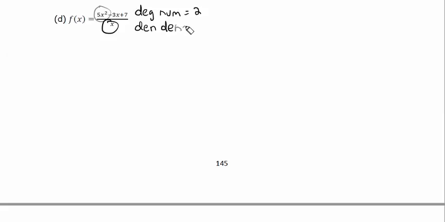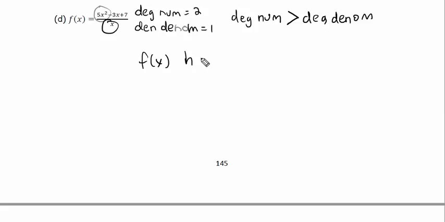So I know if the degree of the numerator is greater than the degree of the denominator, then that means that f of x has no horizontal asymptote. So please try to remember that for the rest of your life.